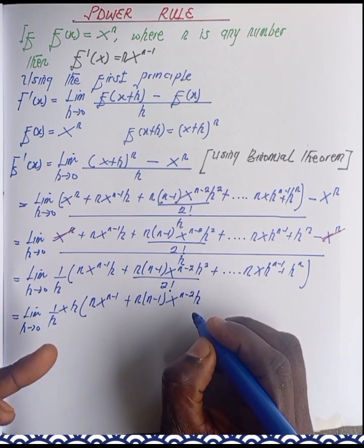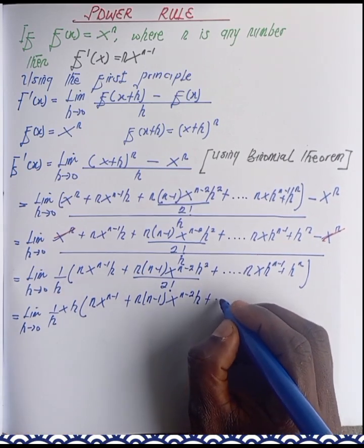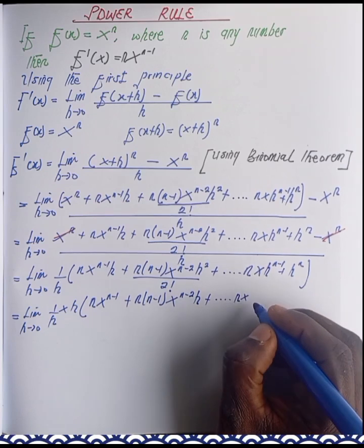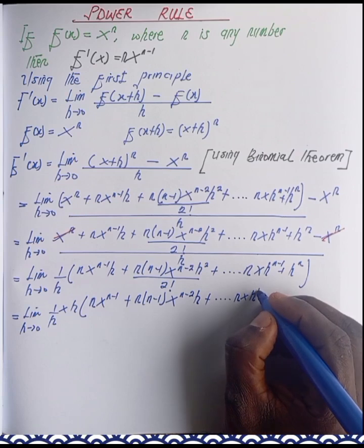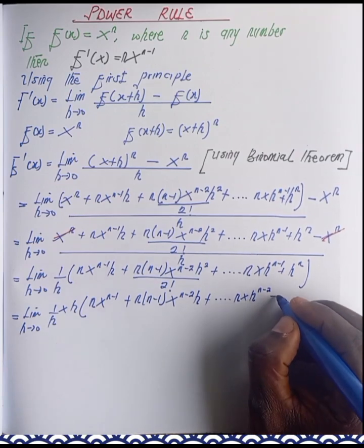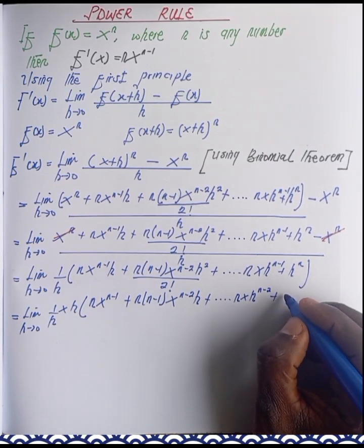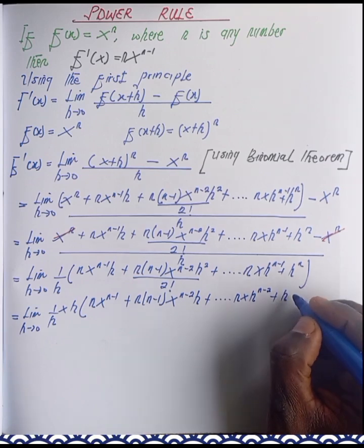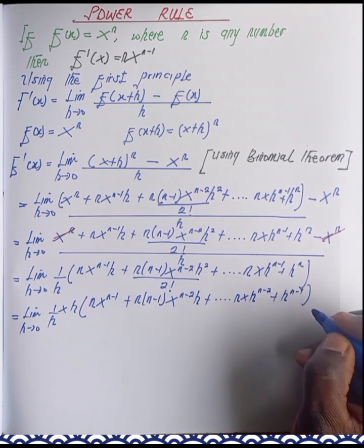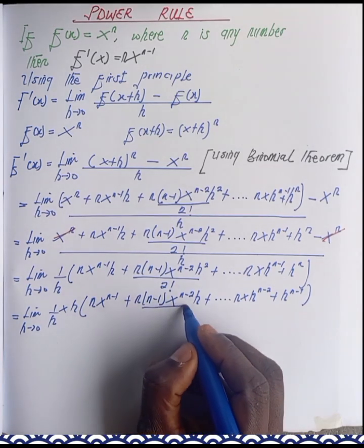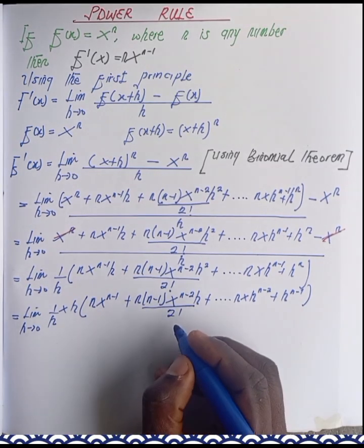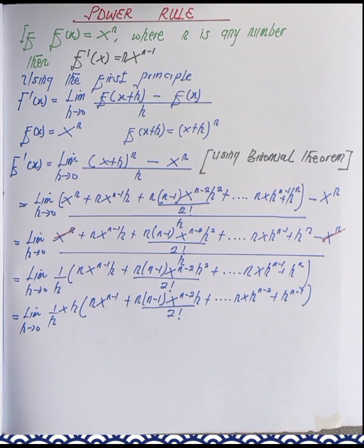We factored 1 h out, so we are left with 1 here, plus nx, h, we have factored 1 h out, we are going to get n minus 2 plus. So we can see that this h and this h will go.